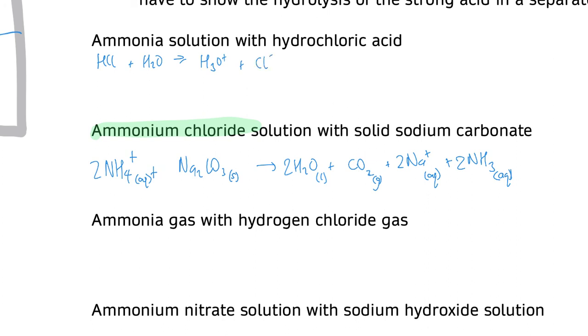That's the hydrolysis equation just for the hydrochloric acid. The H3O plus reacts with the ammonia, which is a solution, so it's aq, and it turns into NH4 plus and H2O, aq and liquid. So a strong acid with that weak base does form that.